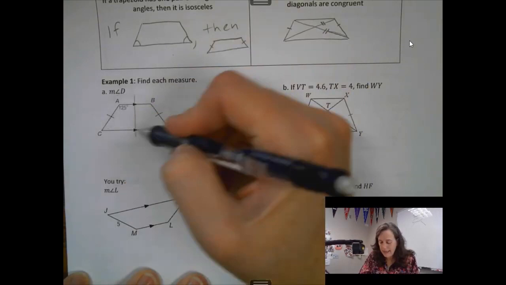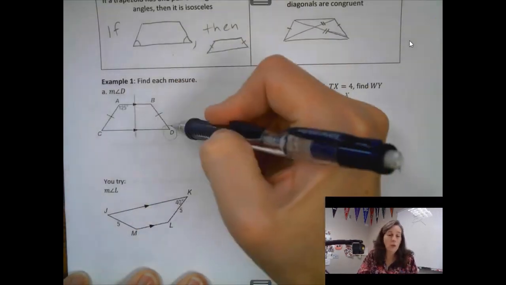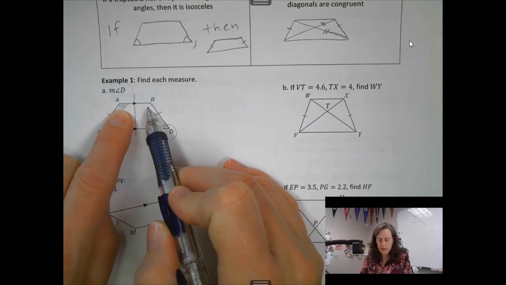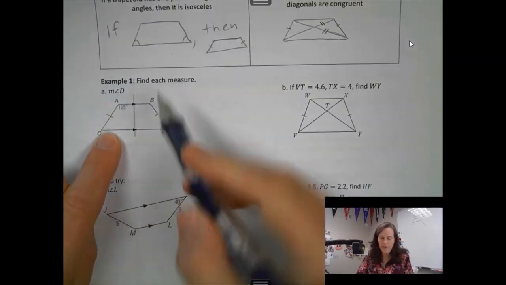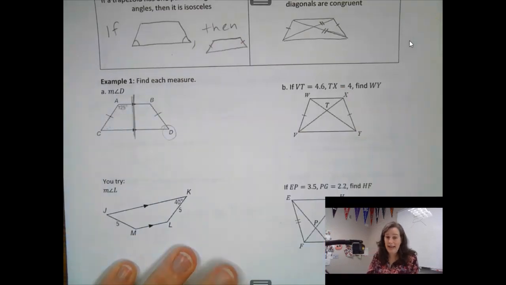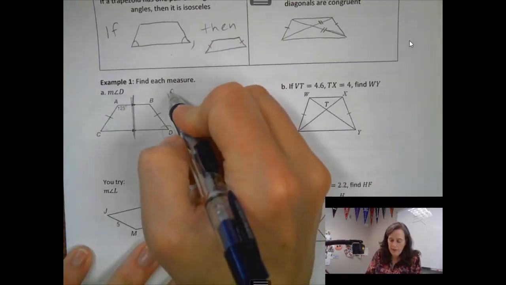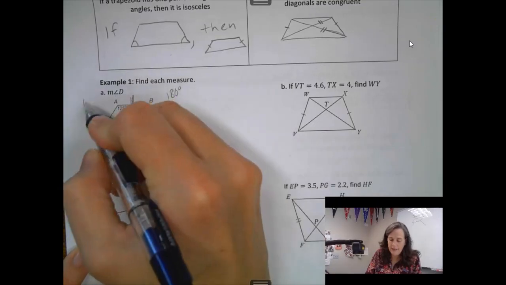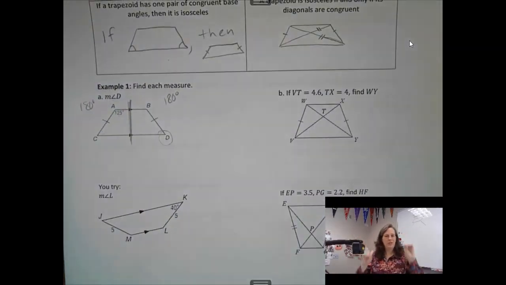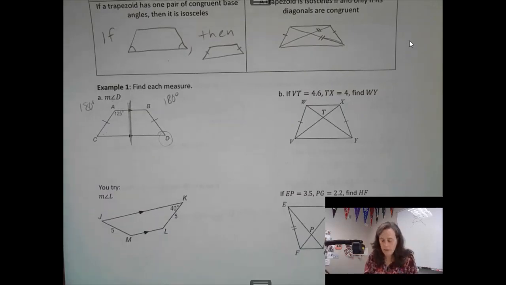Remember that a quadrilateral has 360 degrees altogether. And since these two guys match, they're congruent, and these two guys match, then that means we can split that 360 exactly in half. And there would be 180 degrees on this side and 180 degrees on that side. That's because everything's congruent side to side.